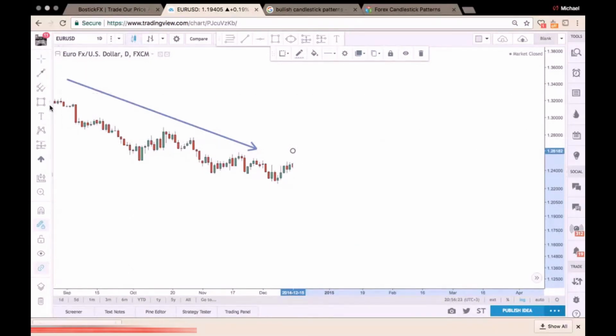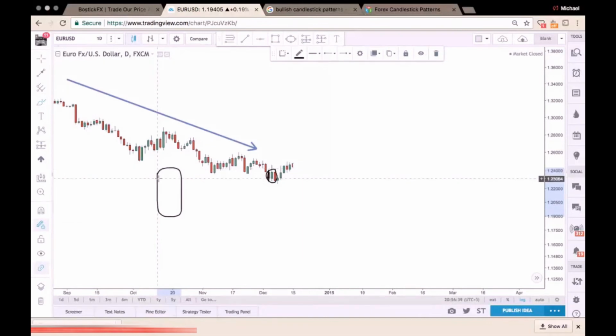Right here we have a small bearish engulfing pattern. The green candle, not this red one, but this green candle and this red candle. Engulfing pattern going down, a bearish engulfing. We have a green candle and then a red candle engulfing that, being bigger, basically.